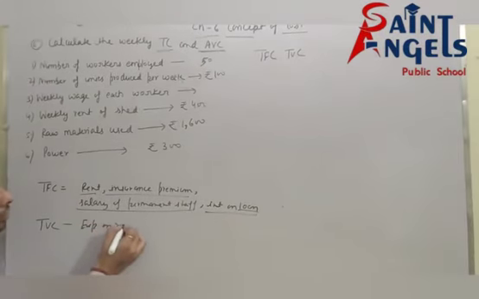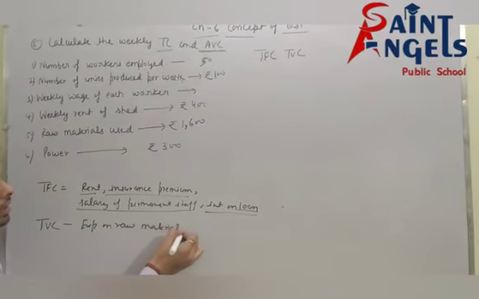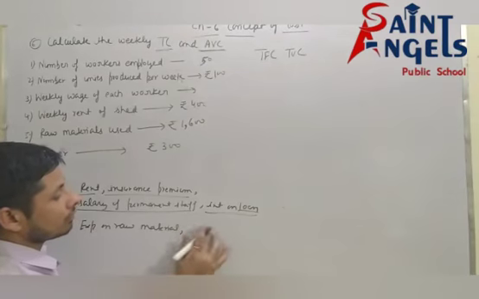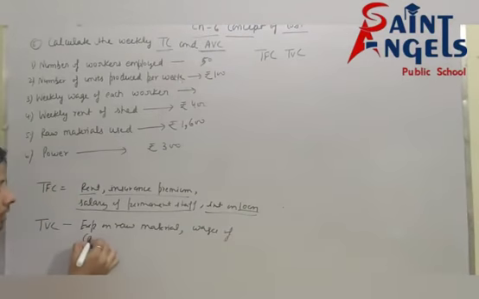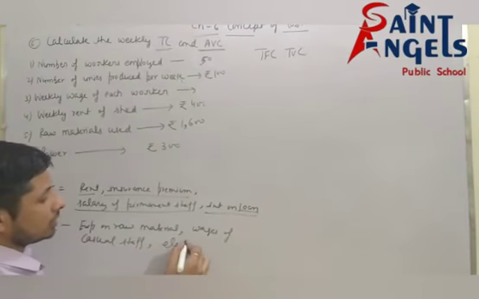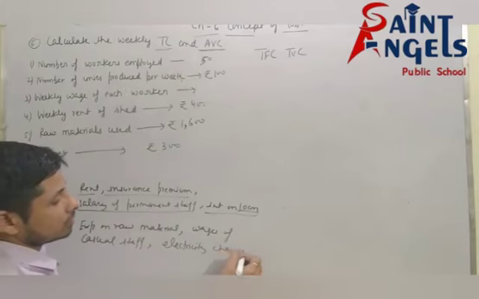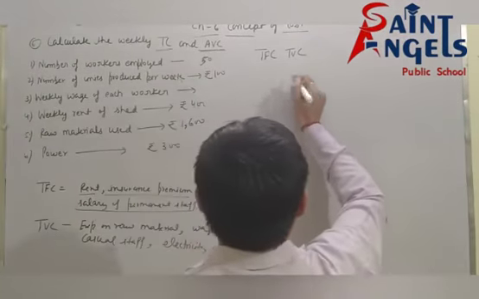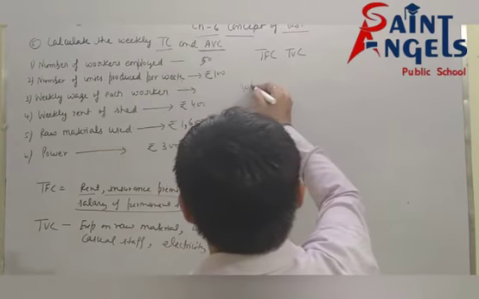Expenditure on raw material and wages of casual labor. Casual labor means non-permanent, casual staff, or you can say electricity charges, etc.